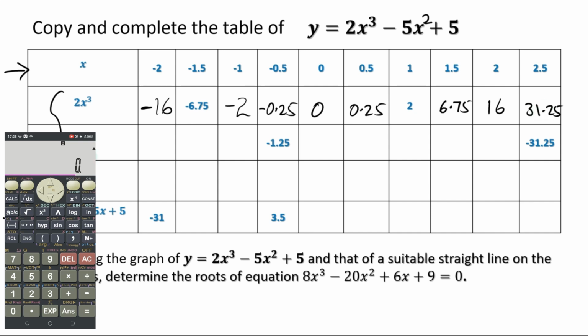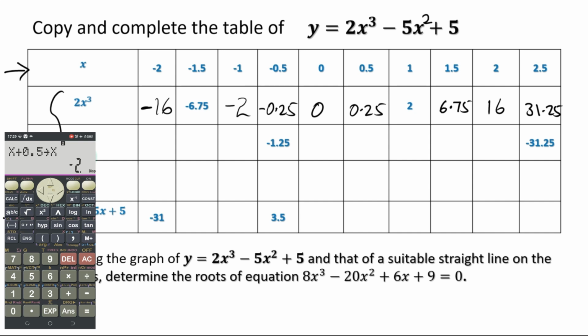Again, press the AC button twice so that it clears everything. I start again from the beginning, minus 3, shift RCL, closure bracket, then alpha, closure bracket, then plus 0.5, that is the interval, then shift RCL, closure bracket, then put the colon, then I enter minus 5x squared.